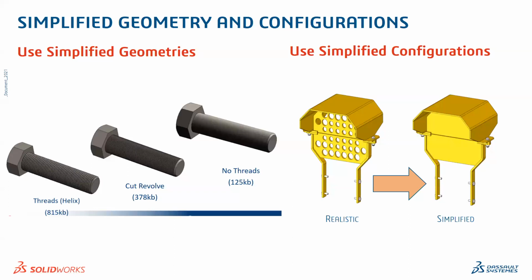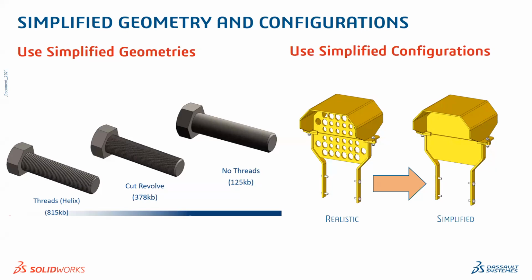I think every modeling person should have come through this one. When we are using lots of pattern holes or pattern features, we always see our CAD software perform very poorly. So here we need to use simplified geometries, and we can also create configurations using simplified models. At a part level, it is okay.